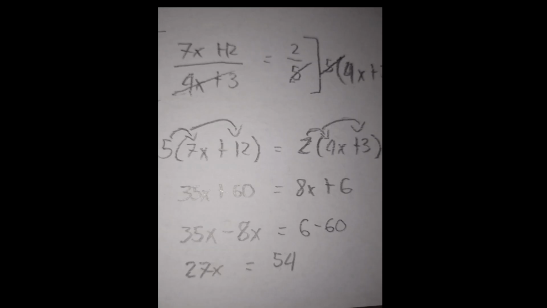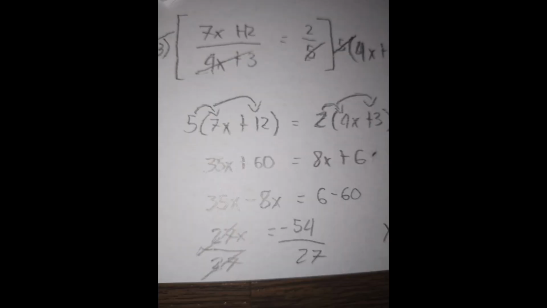Next is we're gonna put down 6 and transfer positive 60, then it will become negative 60. And the next step is 35x minus 8x is 27x, and 6 minus 60 is negative 54.